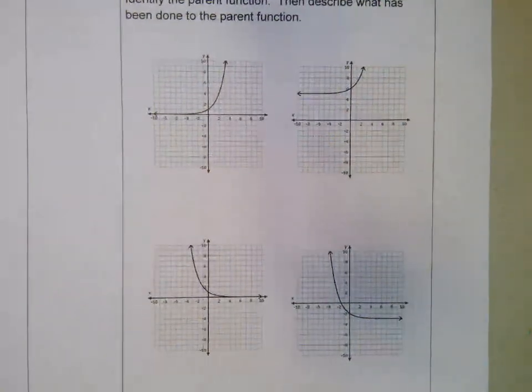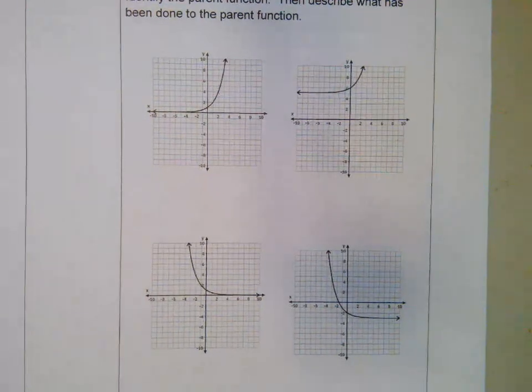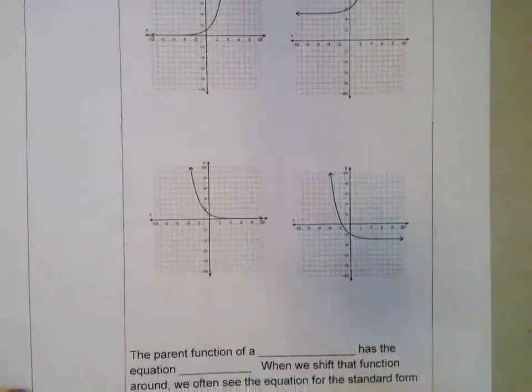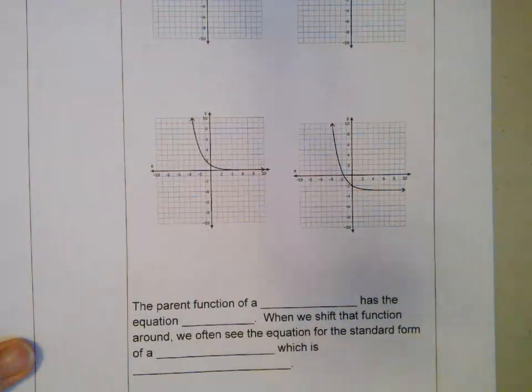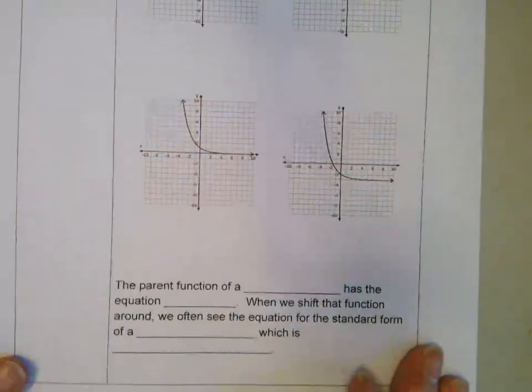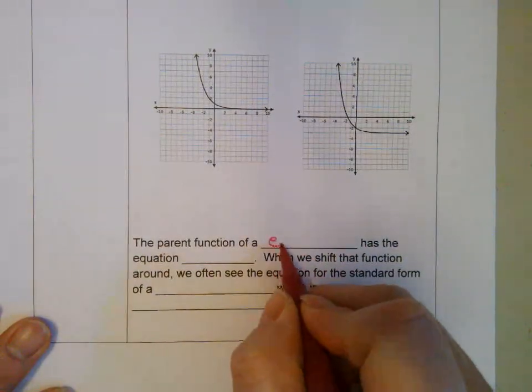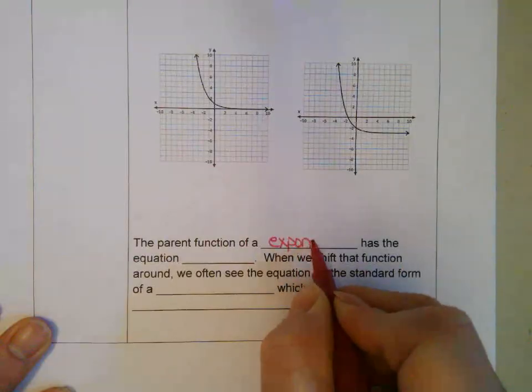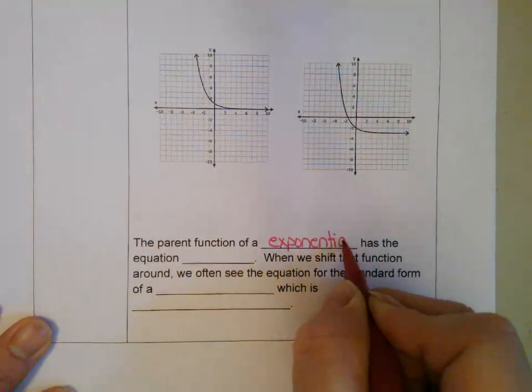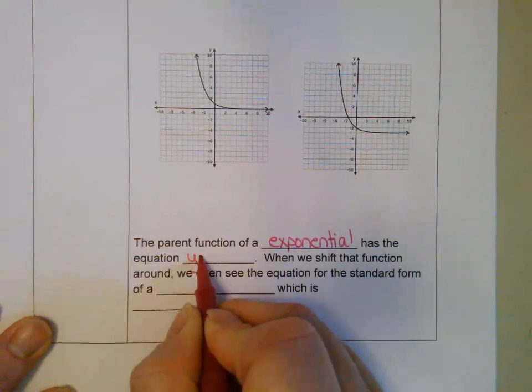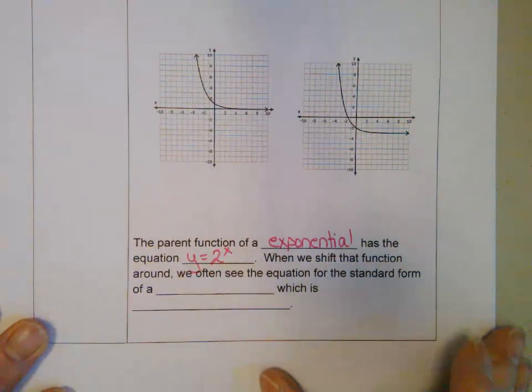Okay. What parent function is this? We're starting off flat and we're swooping up. Starting off flat and swooping up is the exponential parent function. And the one we did in particular was y equals 2 to the x.